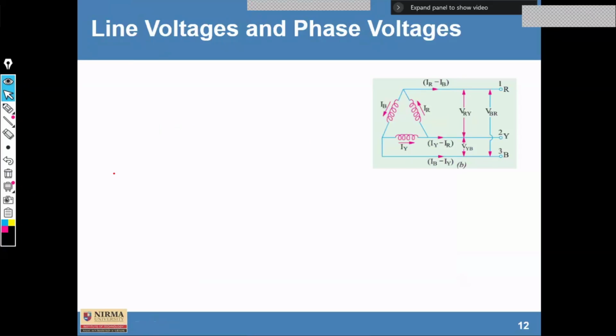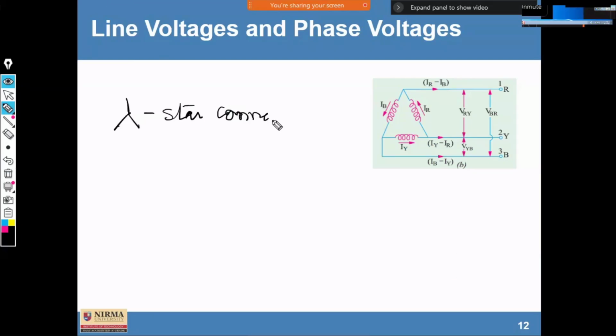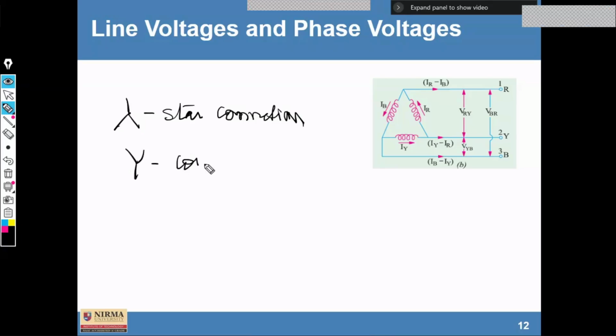Okay, so for star connection, the symbol is sometimes used like this. Sometimes it is also written as Y connection. Sorry, there is still an issue with the handwriting. Y connection, fine.